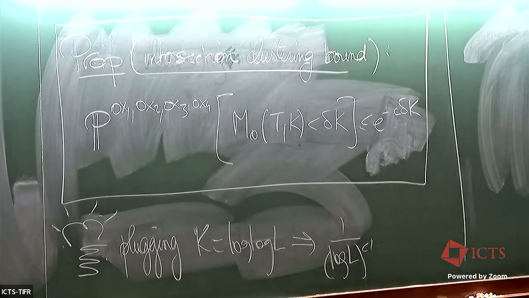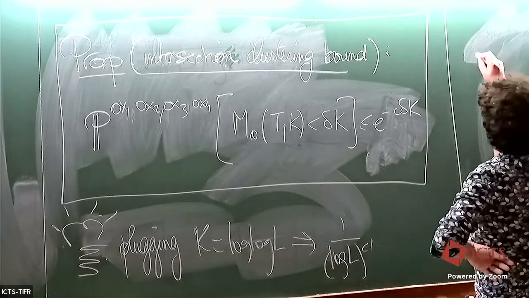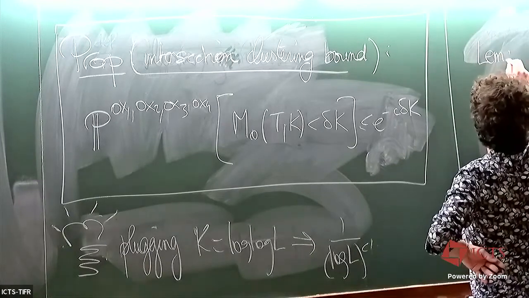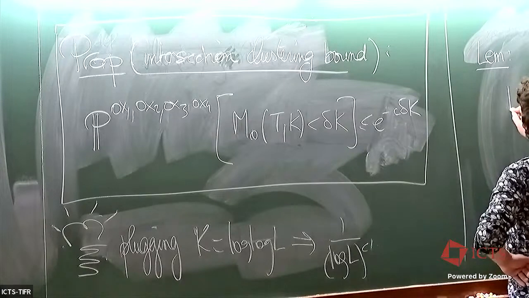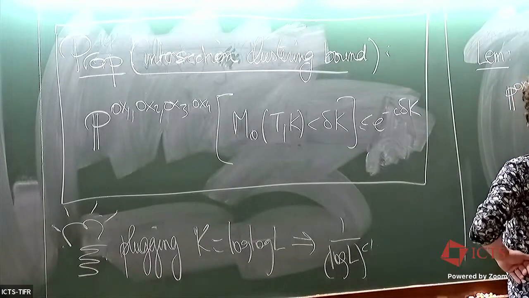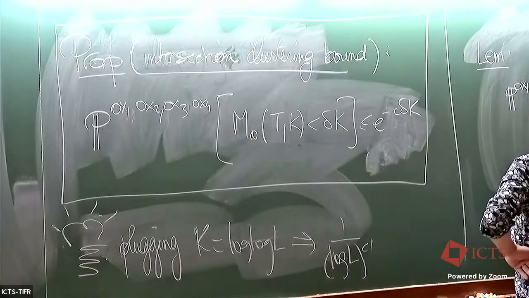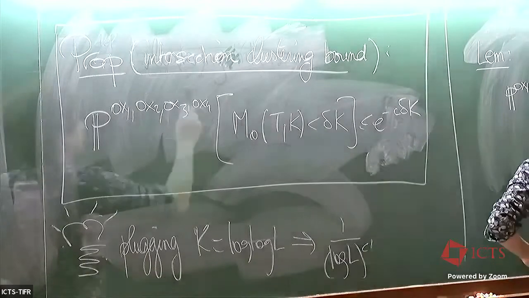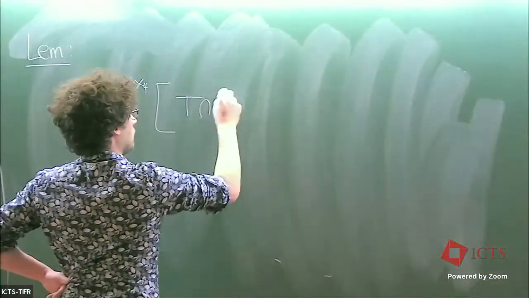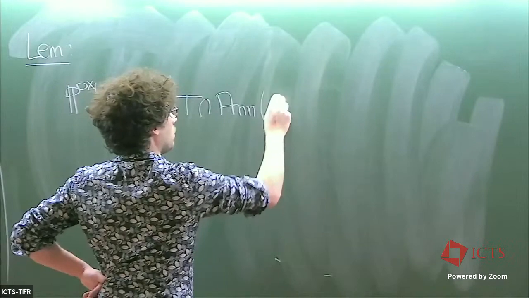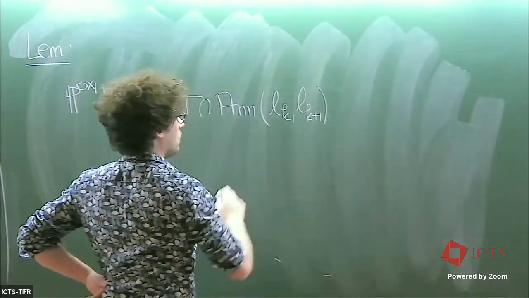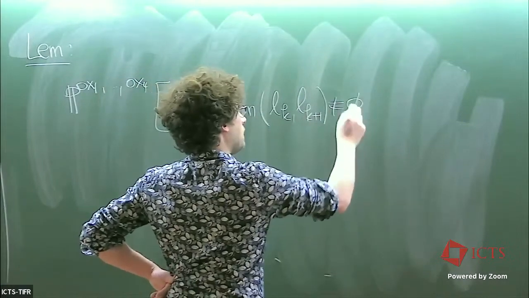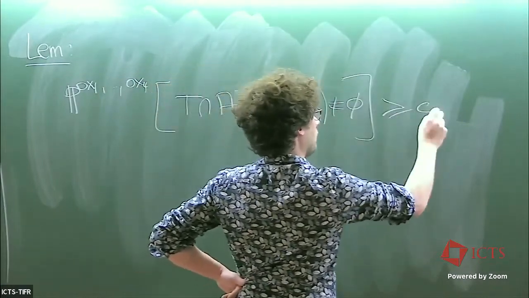Okay, so first lemma. The first lemma is going to be: if I take x_4, then T intersected with the annulus between L_k and L_{k+1}, so one of the annuli, the probability that there is non-intersection is bounded by a constant C_0.